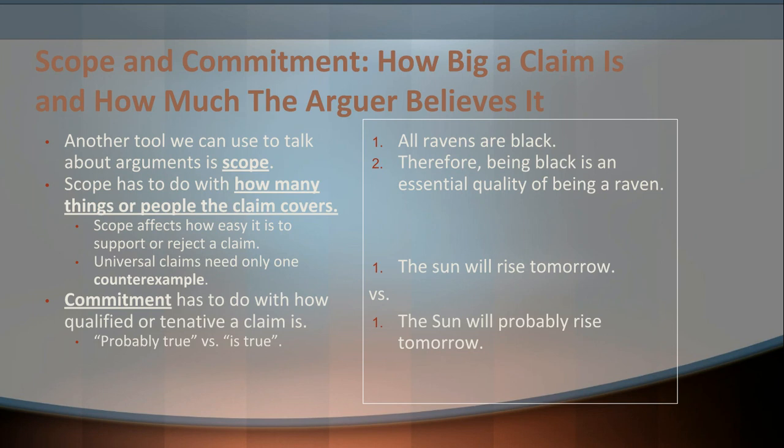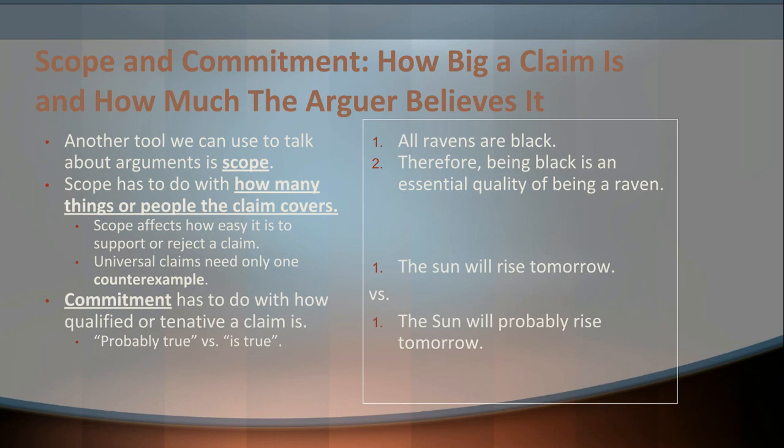This is something that is very, very easy in a philosophical sense to disprove. All you have to do is find a single non-black raven and the whole argument falls apart, because the first claim is universal in scope. It talks about all ravens everywhere. And the second claim involved in it, the conclusion, relies very strongly on that first claim. We obviously have some linking support going on here.